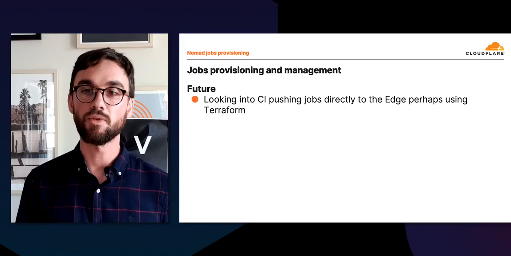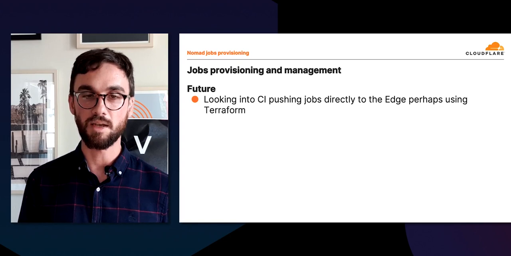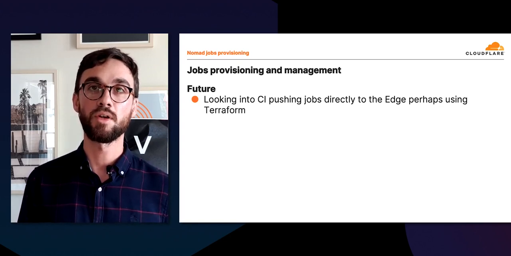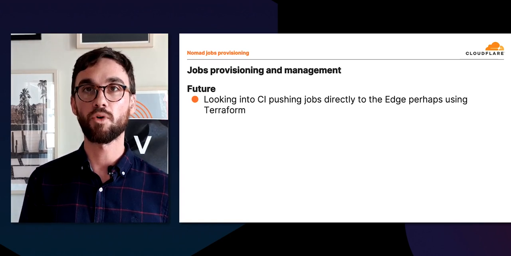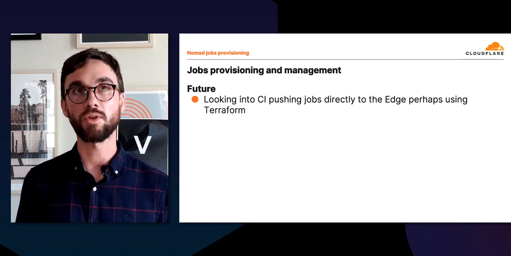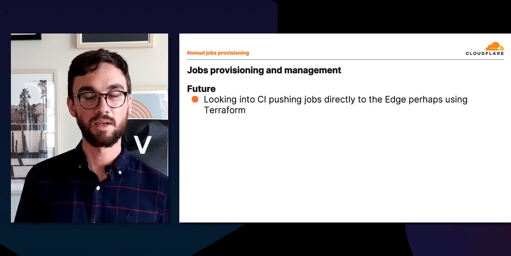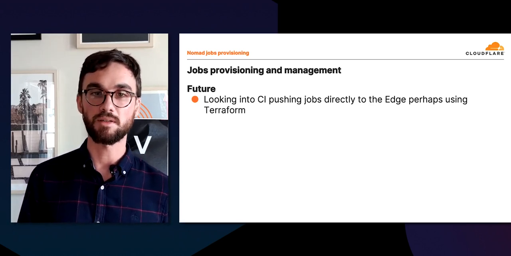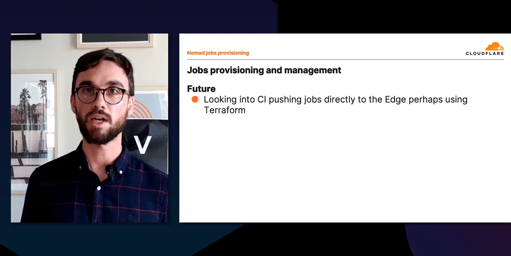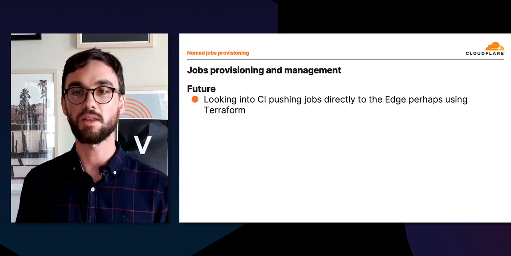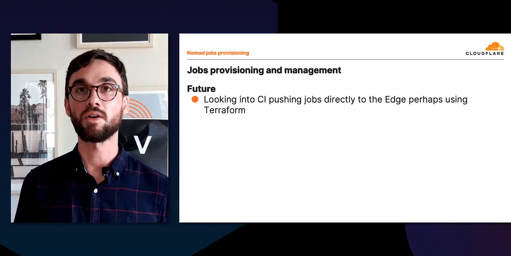So we'd like to improve the turnaround time of those job deployments in the future, and also to give a bit more immediate control to product teams on those jobs when deploying them and rolling them back. And so we're looking at having CI pushing jobs directly to the edge and to each Nomad cluster inside the edge, perhaps using Terraform.